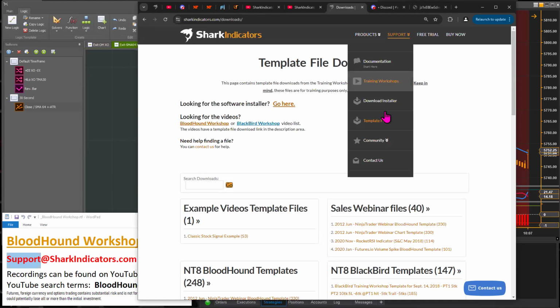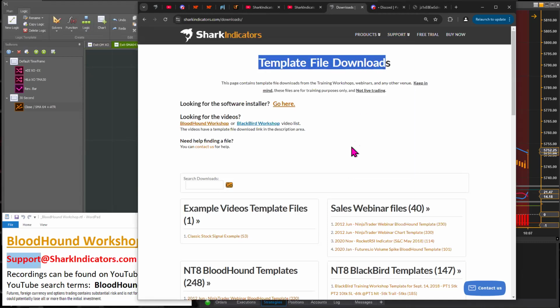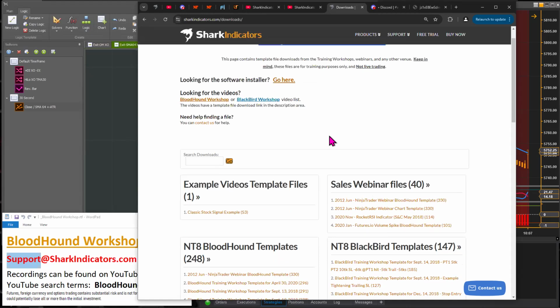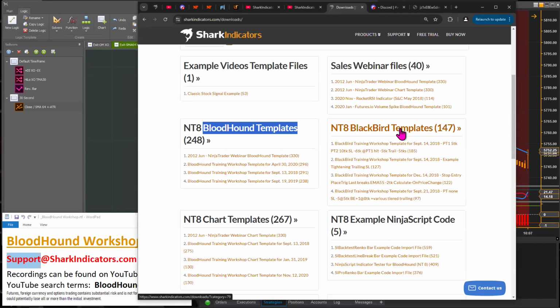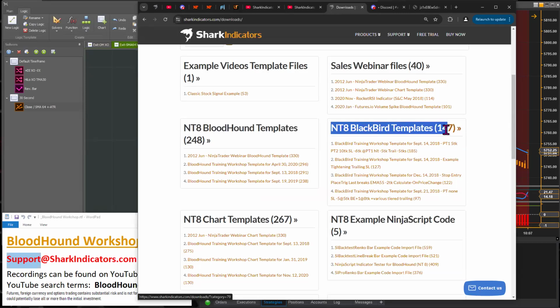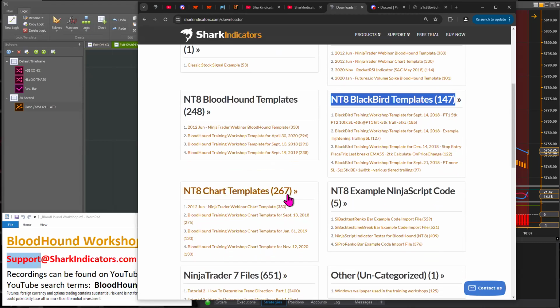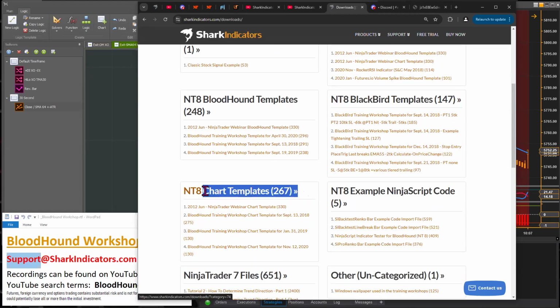So if you go to support, right there in the middle, there is a template files page. This is the depository of all the Bloodhound files, the Blackbird files, and also NinjaTrader chart templates as well.